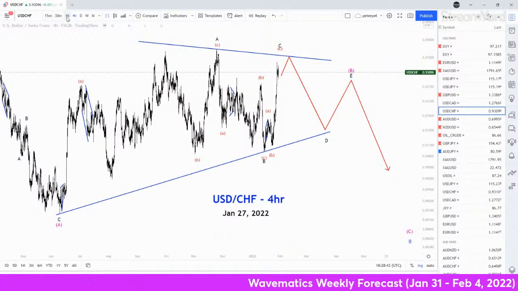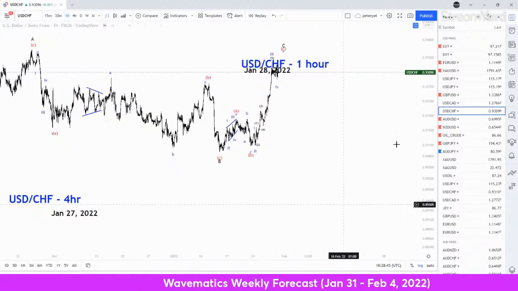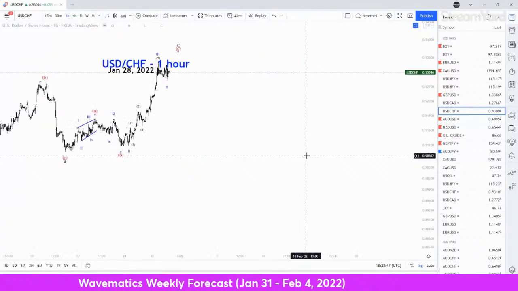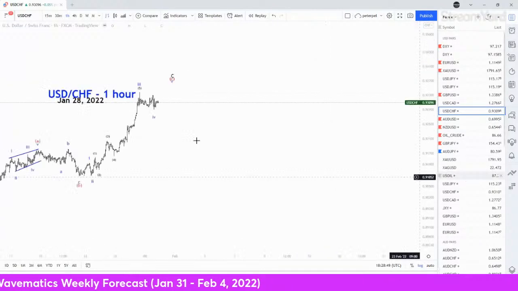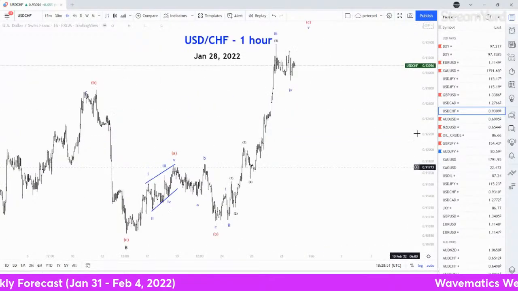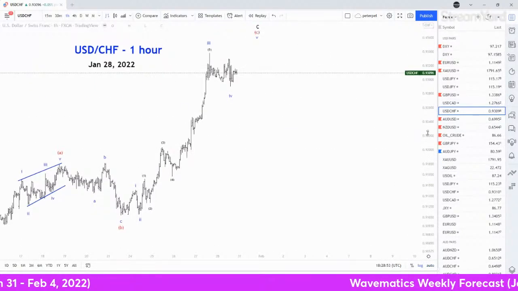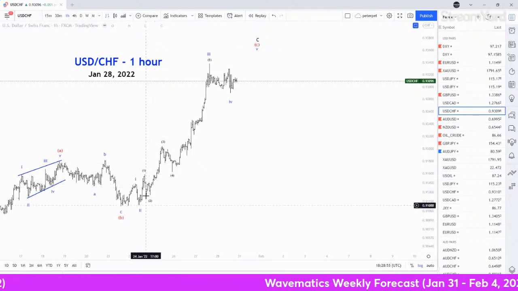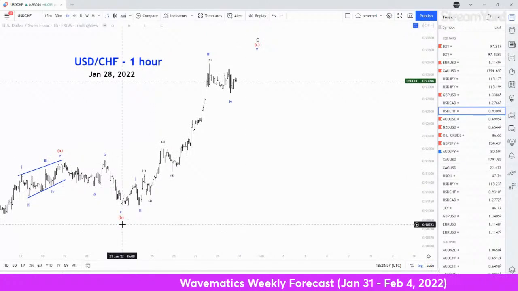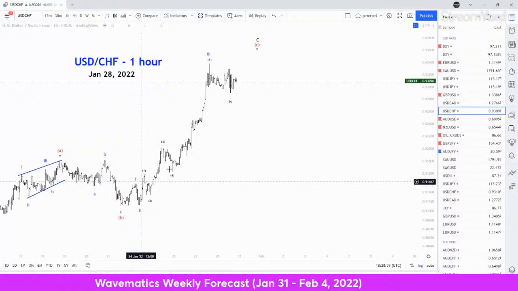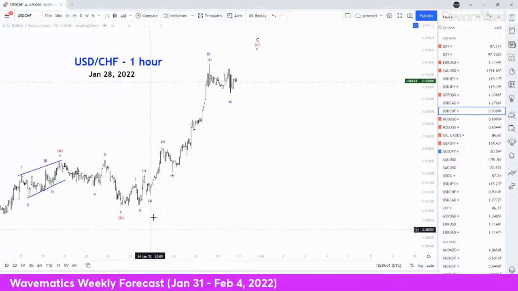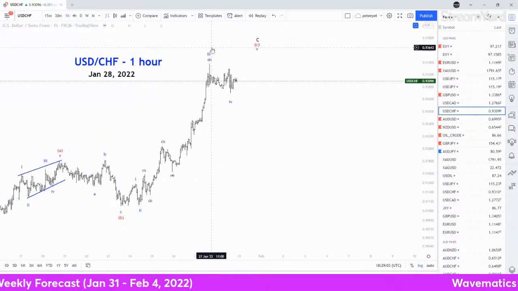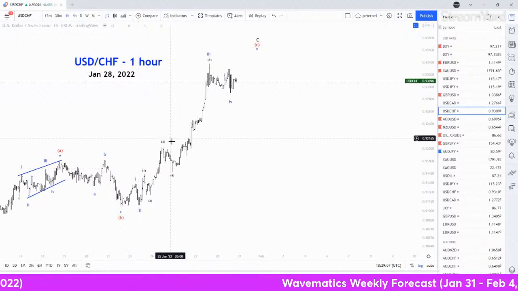So let's look at the lower time frame. Today I'm trying to give you more of the lower time frame so that you know how to easily trade these things in the course of the week. So this is my count for the lower time frame. Now we have a wave A, wave B, then now wave C, we are seeing a wave 1, 2. So I have this blue wave 3 being an extended wave 3 of a 1, 2, 3, 4, 5.